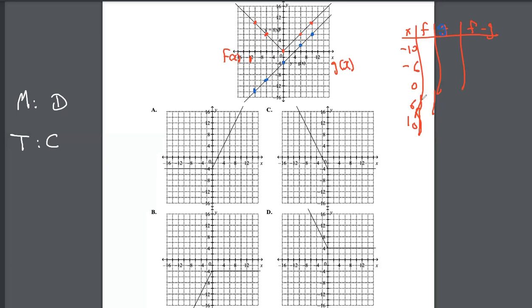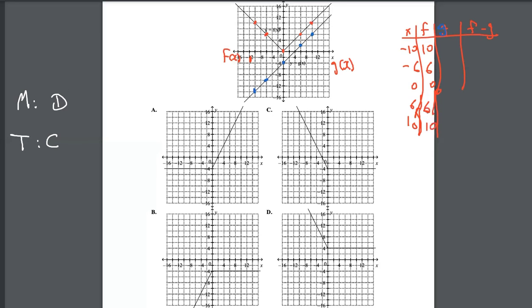The f for -10 was 10, because they're scaling by 2's here. For -6, it was 6. For 0, it was 0. For 6, it was 6. And for 10, it was 10.